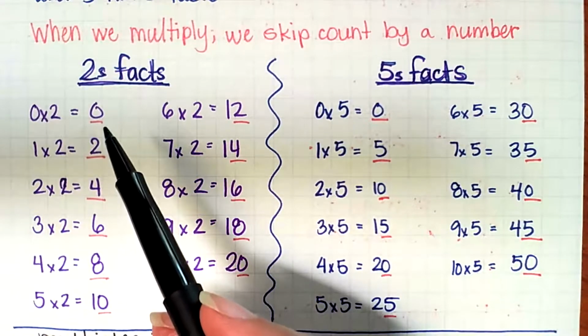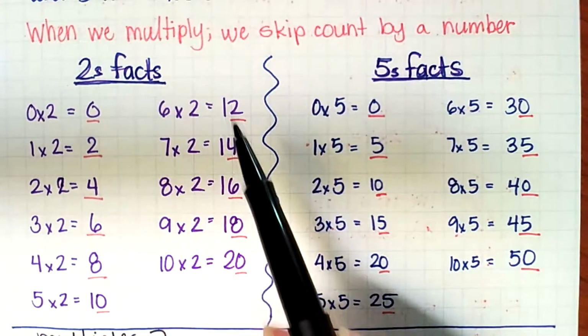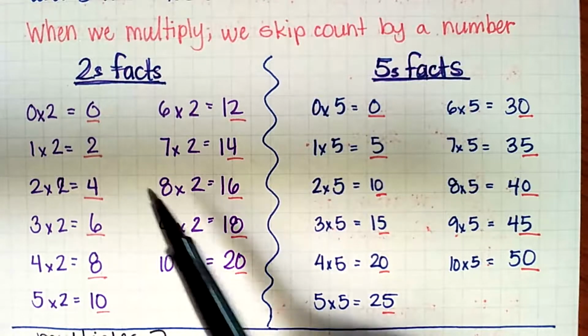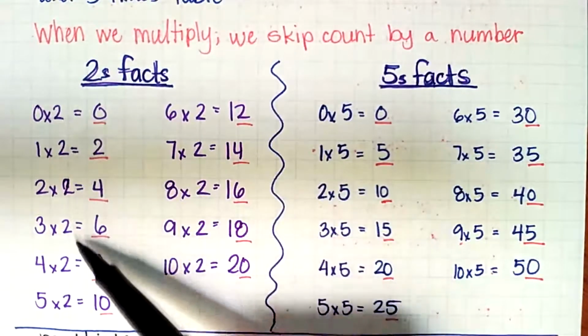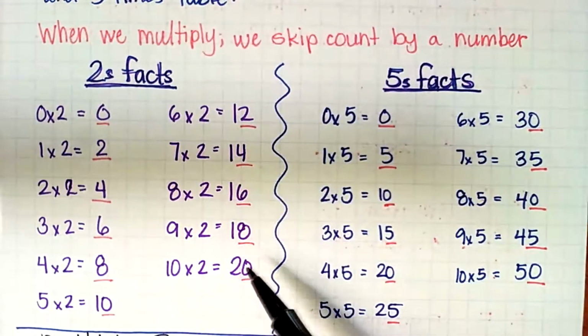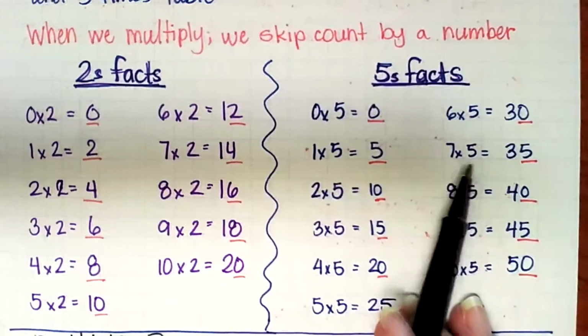So it goes 0, 2, 4, 6, 8, 0, 2, 4, 6, 8, 0, and it's going to keep going, 2, 4, 6, 8, 0. It's going to keep following that pattern. So first we had nothing in the tens place, and then we had ones in the tens place, and then we'll have twos in the tens place, and then threes, and so on.